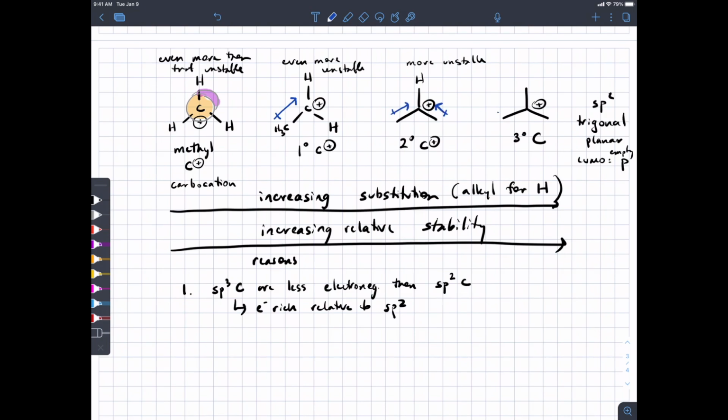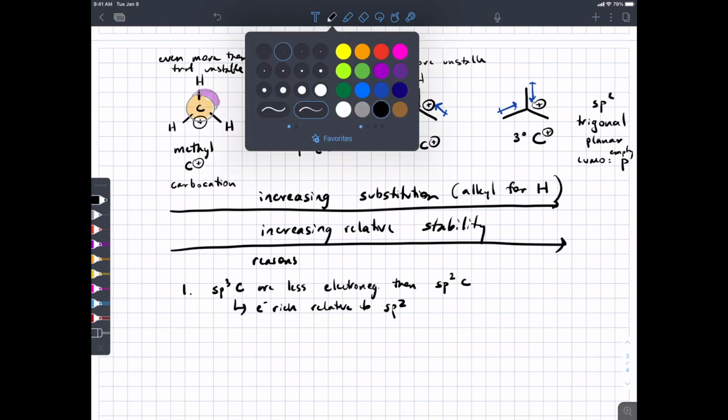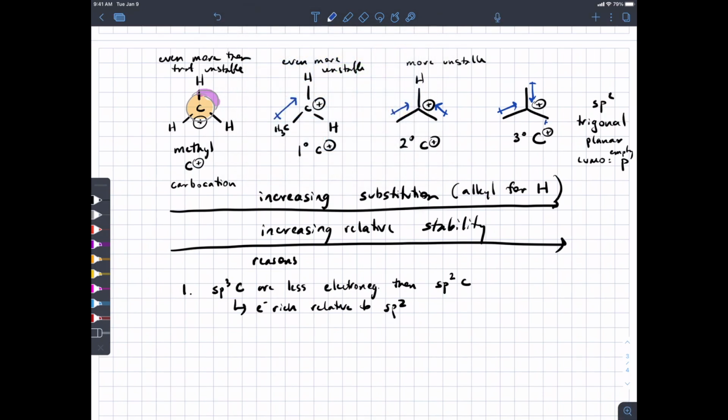In other words, the sp2 carbon can be stabilized somewhat by inductive electron donation from these alkyl groups.